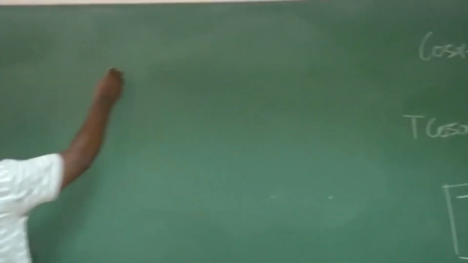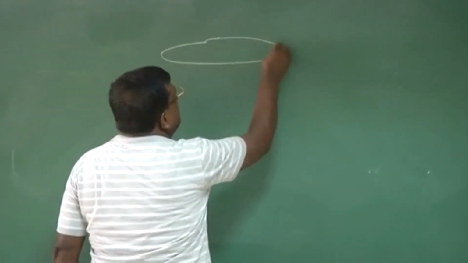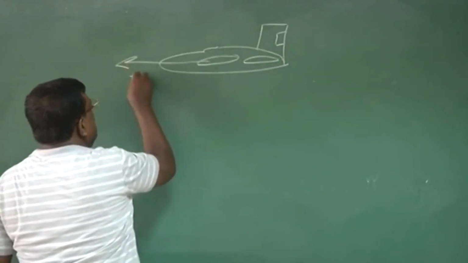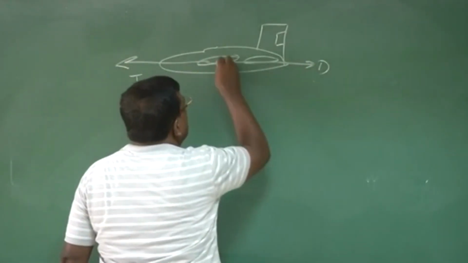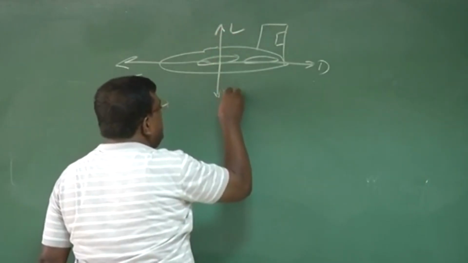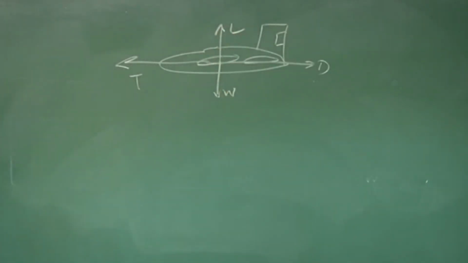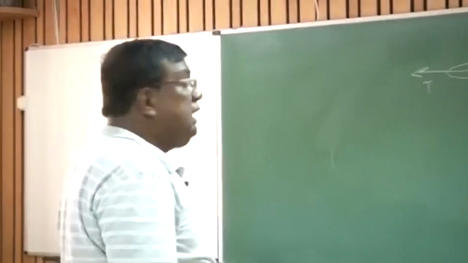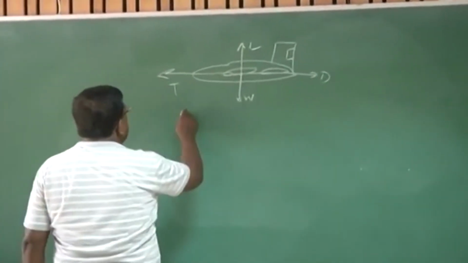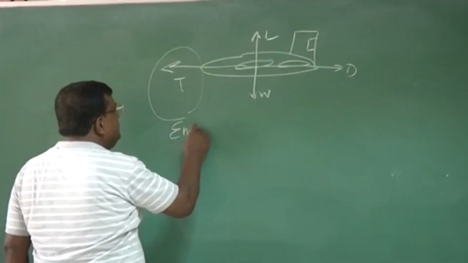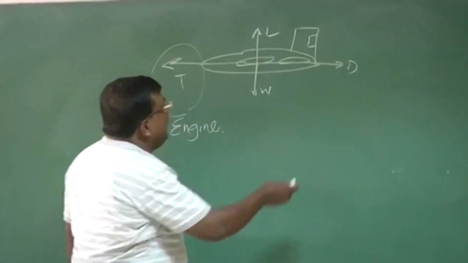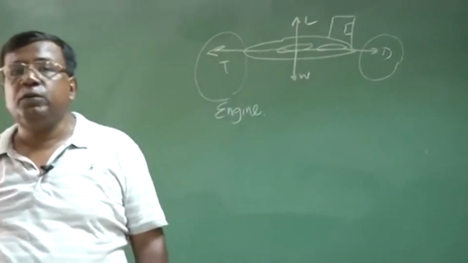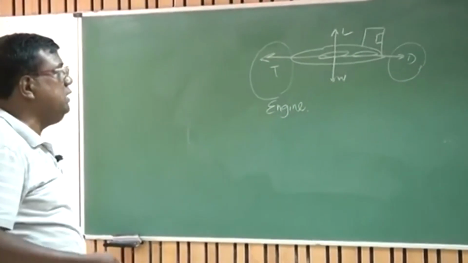Okay, now it's very simple to write on the blackboard that thrust equal to drag and lift equal to weight. But the first question comes, who will give this thrust? I need an engine. What type of engine? So this part is taken care of by the engine. And the drag, what should be our aim? Mostly, especially for cruise, we should try to fly at such a condition that the drag is minimum.